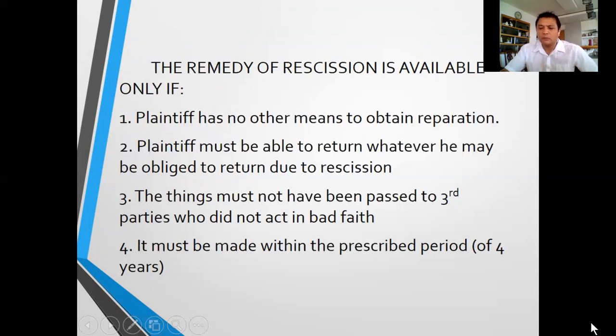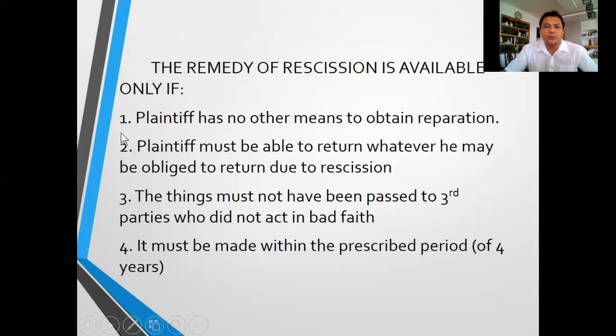In our case, he suffered 300,000, so he must demand first. And if ever the buyer is not willing to pay the additional 300,000 pesos to the minor, then that is the time the recession is available.